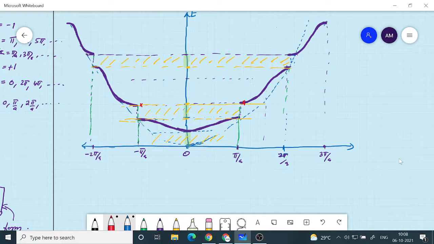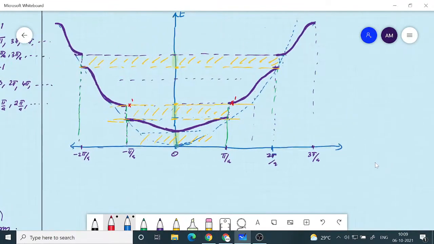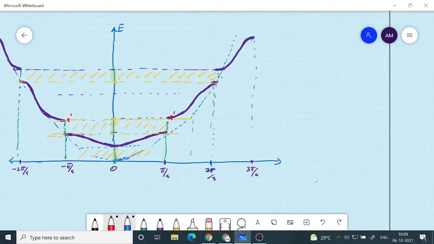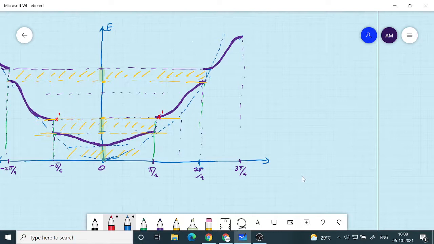Or you can say that the 0th point and 2 pi by a point, they are same. So for every point, say 1, there is a corresponding point here, because the k value is symmetric. So what we can do is that we can shift this such that the end of this band will come here. So that is an alternate way of drawing. So if I do that, so better I can show this in a smaller space.